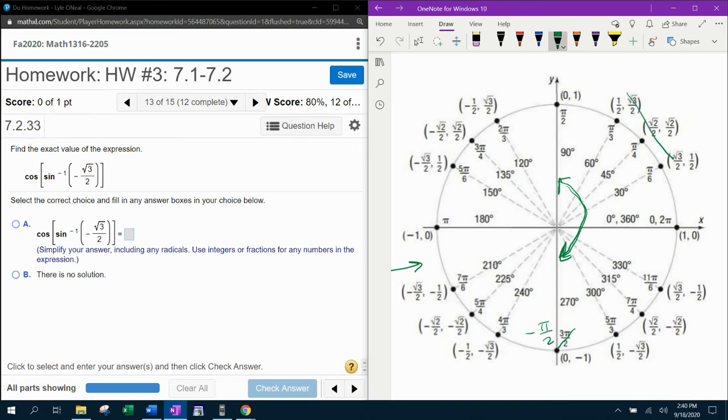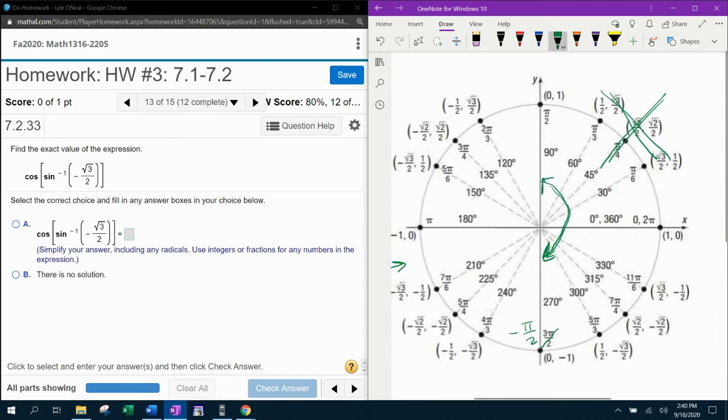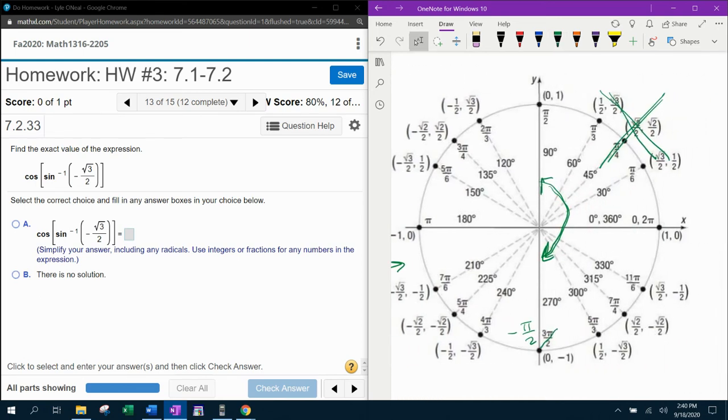So we know that the first quadrant is not an option because all of the y-coordinates in the first quadrant are positive, and we need a y-coordinate that is negative, okay? So where is y equal to negative square root of 3 over 2? There it is, right there, at 5 pi over 3.